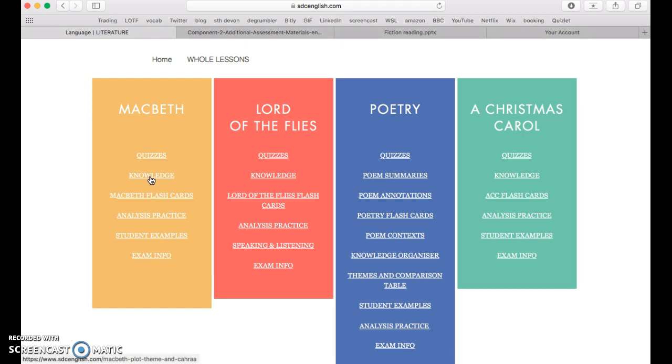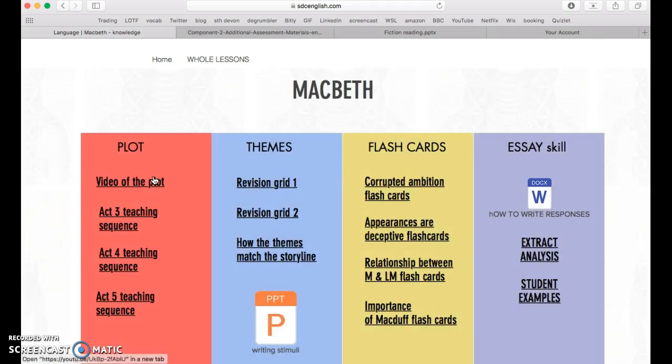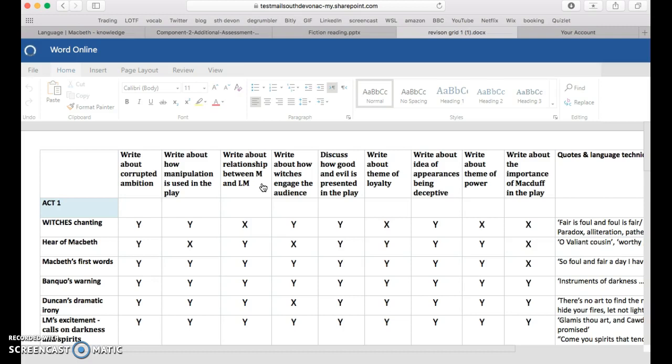When the child has the knowledge really secured, the next thing for them to do would be to go into the revision grids, which is again in each one of the texts. And here at the top, which by the way your child has, and if they don't, you can print it out here as well. Across the top here are all the possible exam questions that relate to each topic.